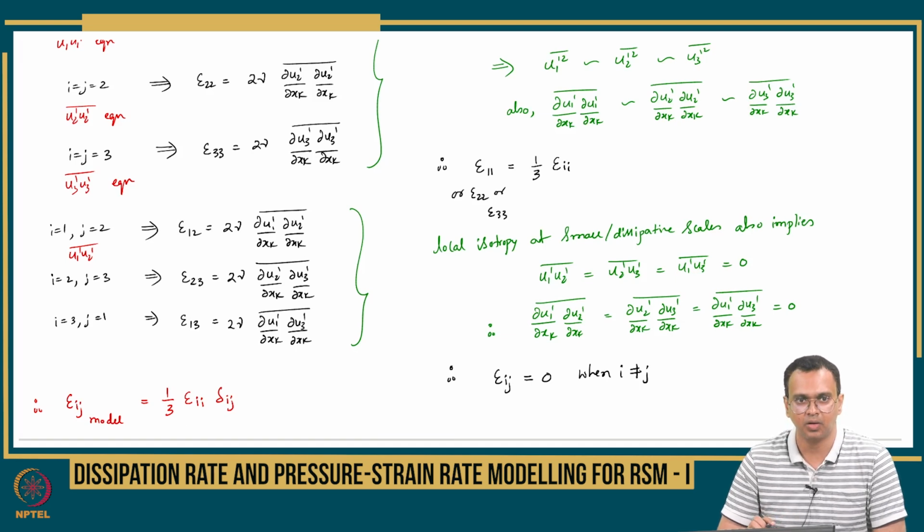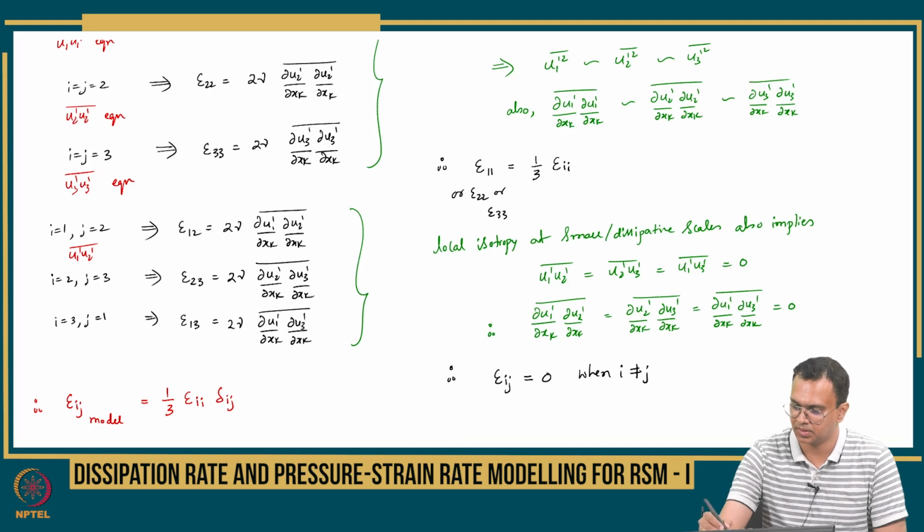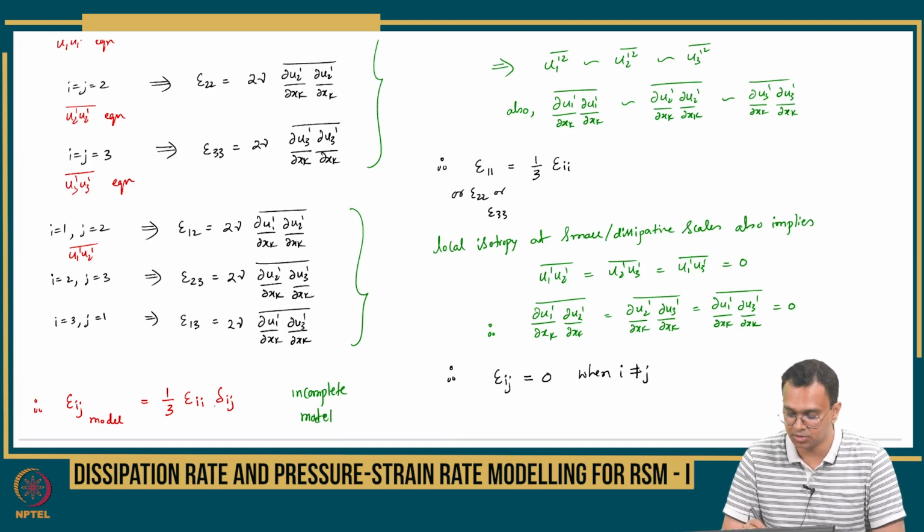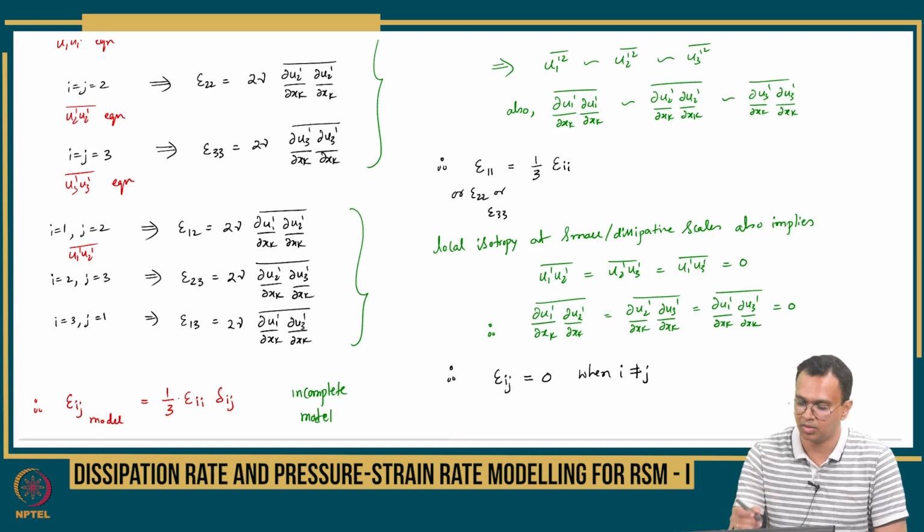But this doesn't solve all our problems. We are only one step behind modeling it. This model is incomplete, right? Why? Do we have access to this epsilon ii component, even one component?